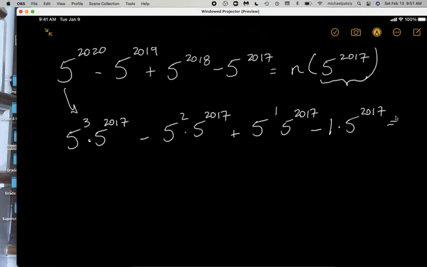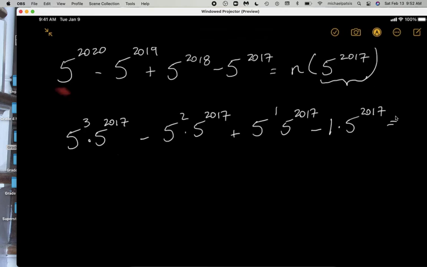Okay, now in a situation like this, you always want to go back and check your work. Since we are now multiplying with a common base and we're adding the exponents, you just want to double check you did your math right. So 5 to the third times 5 to the 2017, you would add these exponents and get 5 to the 2020.